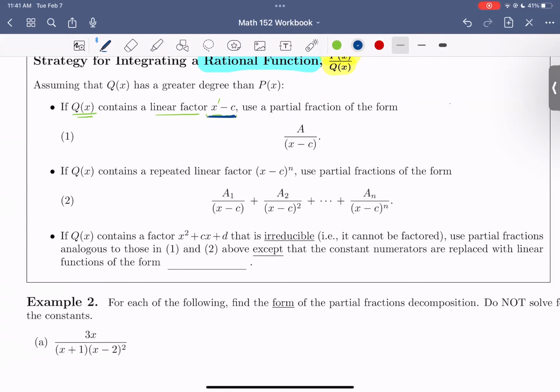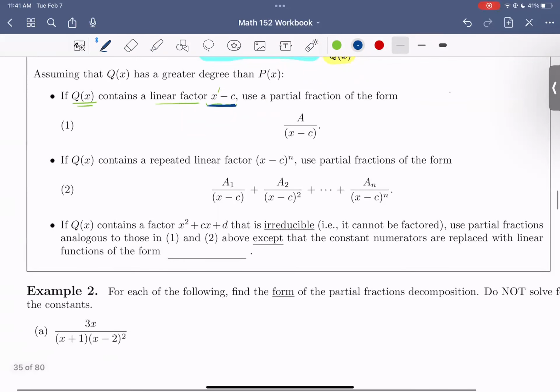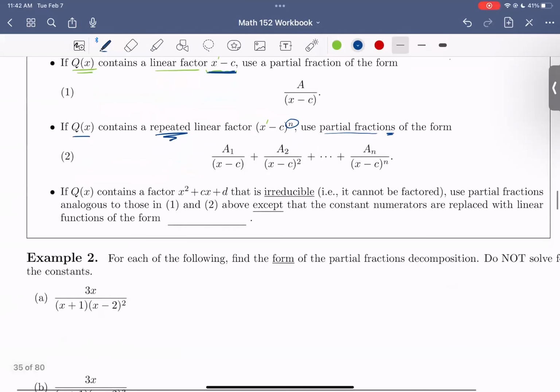The denominator could also look like our second scenario, where it contains a repeated linear factor. In example 1, we had 2 different linear factors, so it wasn't repeated. This means our linear factor, x minus c, is also raised to an exponent. In this case, we need to use multiple partial fractions, and they need to look like this. We're going to have x minus c in the denominator. Our first fraction has the denominator raised to the 1, with a constant a sub 1 in the numerator.